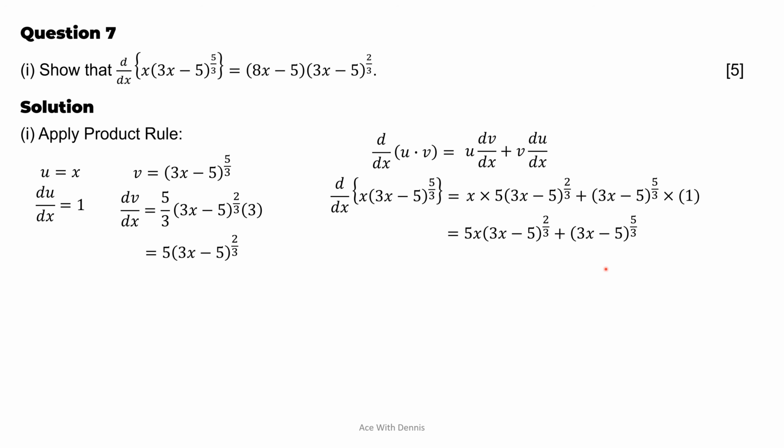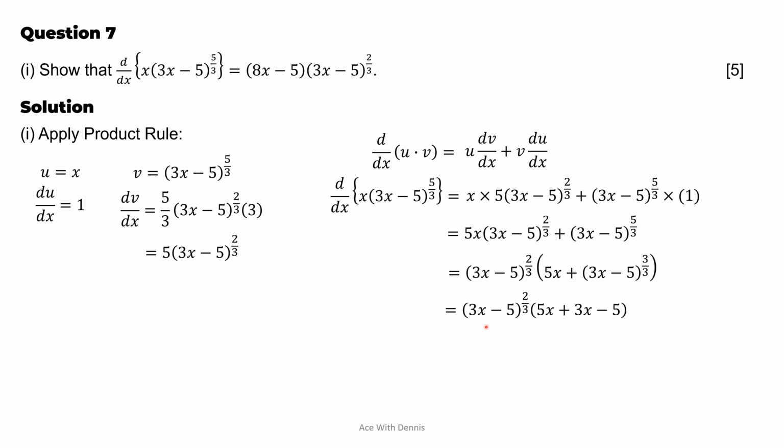From here, you can see that the common factor is 3x minus 5 to the power of 2 over 3. So we can factorize this. The remaining is 5x plus 3x minus 5 to the power of 3 over 3. Why? Because 3 over 3 plus 2 over 3 gives 5 over 3, which means this is to the power 1, so we can ignore the bracket.